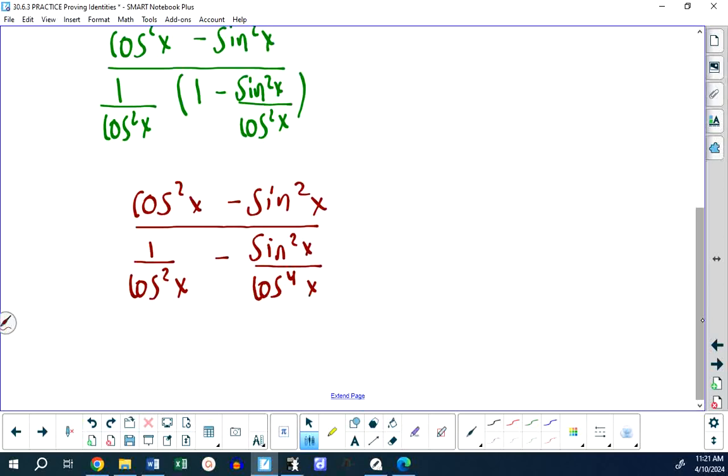So there are a number of ways you could proceed. I think that the textbook and the solution would probably take those two fractions in the denominator and put them together with a single fraction. I'm not going to do that. I'm going to multiply the numerator and denominator by cos to the 4 of x.